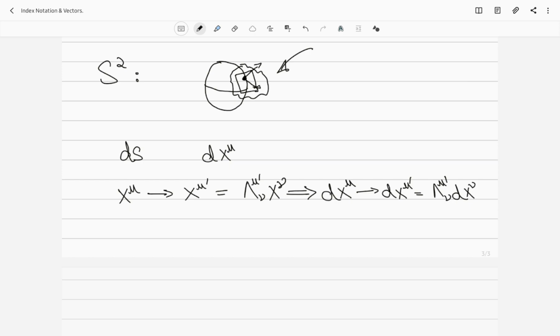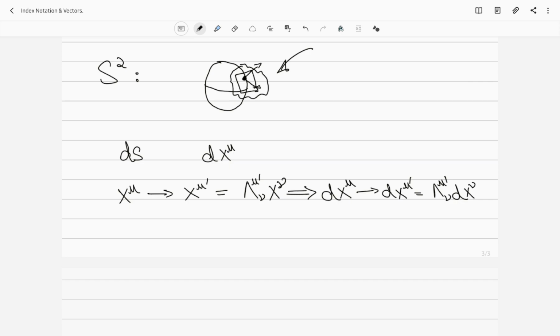But what we would like to know is to have a rule for transformation of components of any vector. Now, to find this, we are going to use a trick. And that is what we will also use when we extend our discussion of these vectors to general tensors, because vectors are also a form of tensors, and we'll talk about this in the next video.